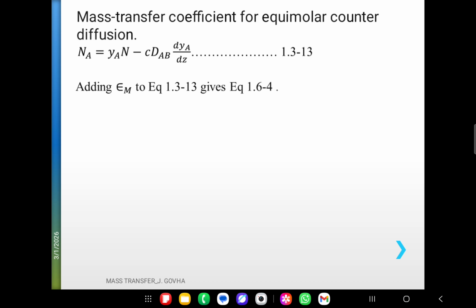Let's look at mass transfer, equimolar counter diffusion, and our equation is indicated there. Then adding the term EM to equation 1.63, we are given this equation as indicated in 1.64.